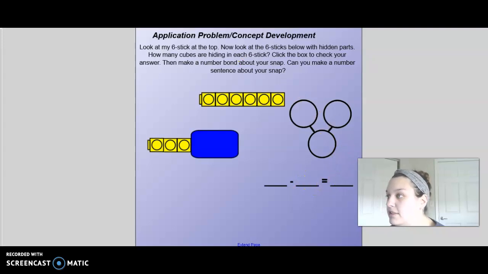So let's get started. We have 6, and we know that's our whole. So let's go ahead and write in our number bond. Let's write a 6 in there. And then in our number sentence, we know it's a whole minus a part equals a part. So let's put our whole in here as well.